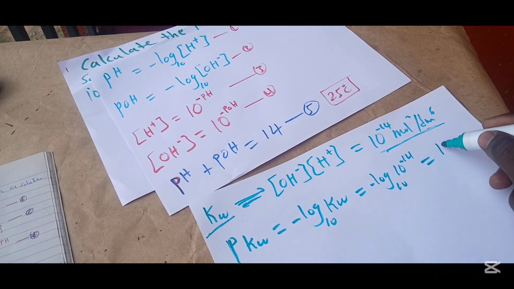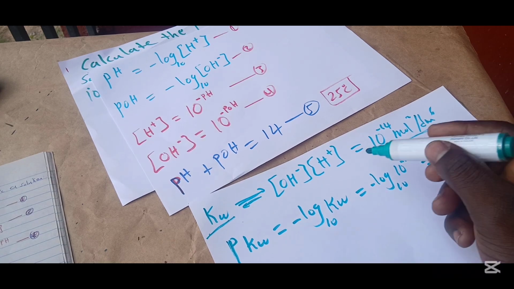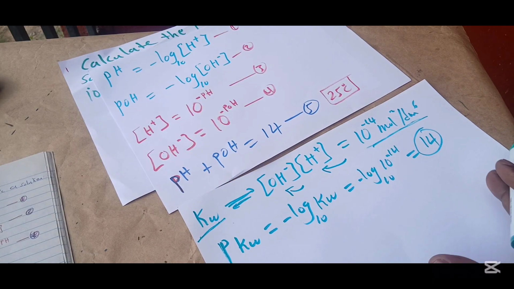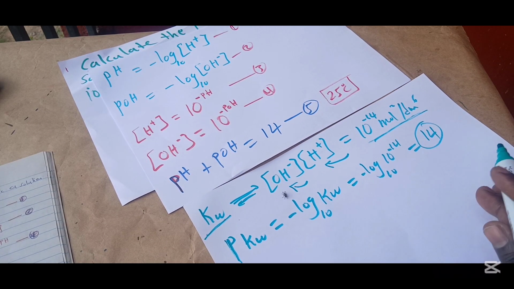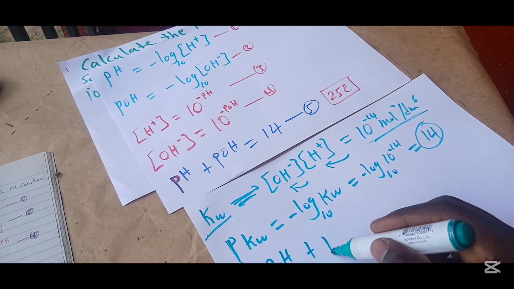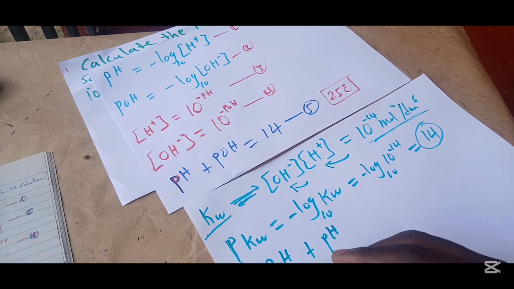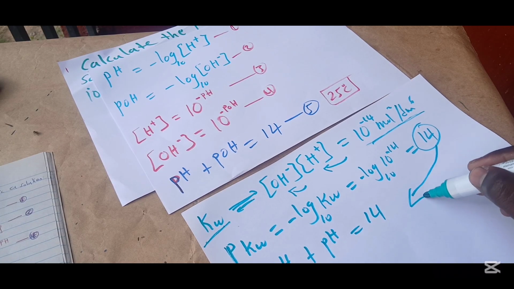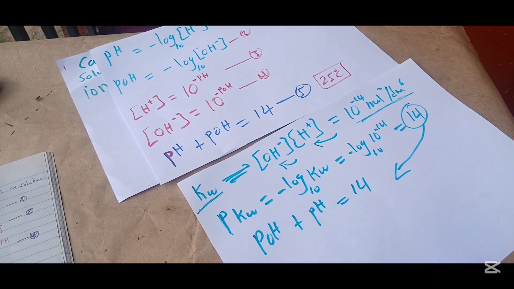This gives us 14. And this 14 is the sum of the values for both H plus ion and OH minus ion. Which means that the pOH plus pH should give us 14, right? So that is where this formula is coming from. So you need to know that too.